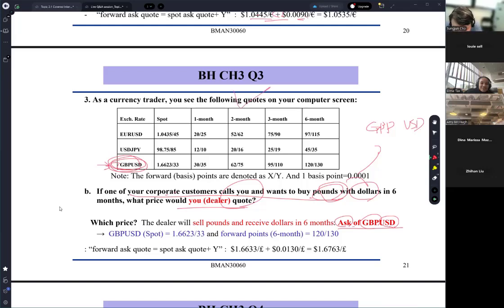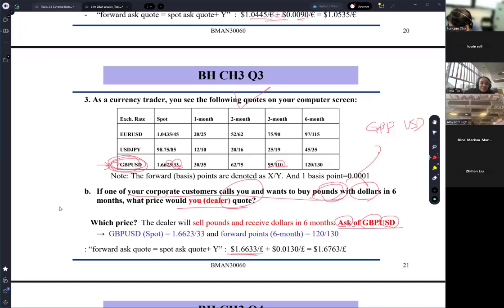The ask price means the second number in the spot rate, and X is less than Y, so you have to add the basis points. The 1.66 last two digits will be replaced by this one.